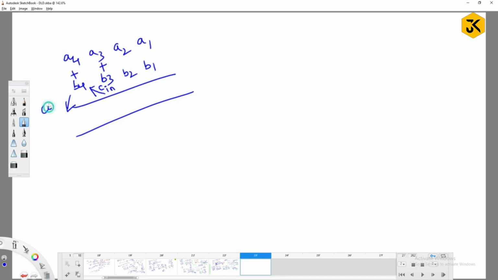That result can contain a carry out also. C out means carry out. So with this conclusion, I can define that when C in is equal to C out, no overflow occurred, or when both are not equal, overflow occurred.